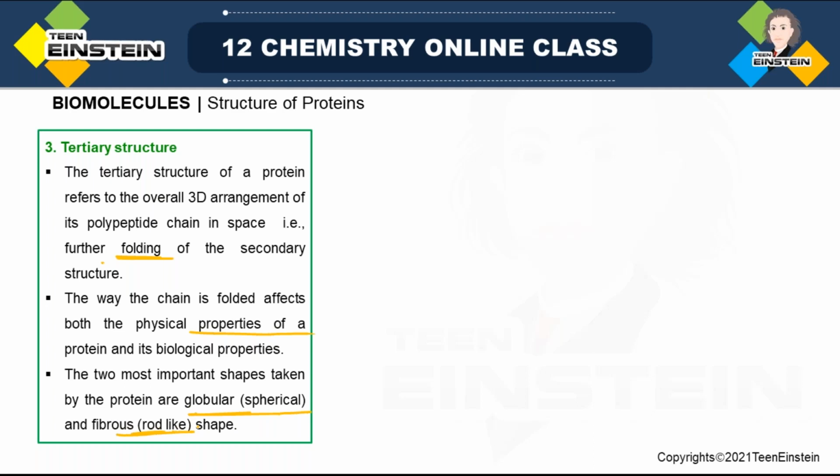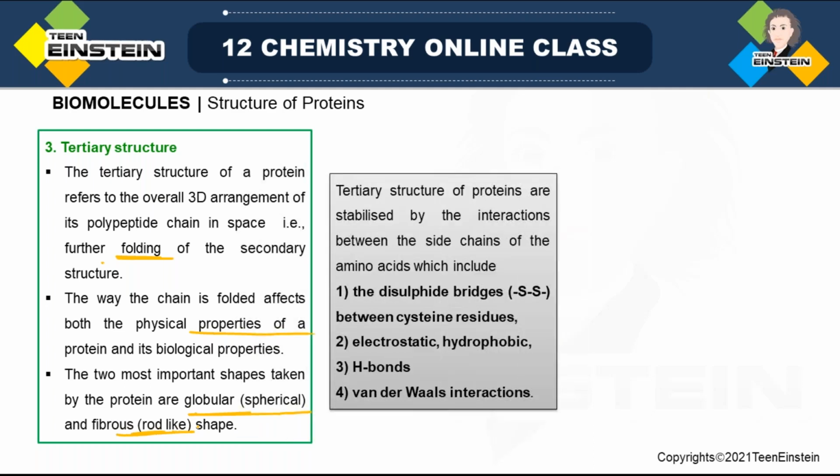But you can also consider them as if they are under tertiary. We will come to the details of fibrous and globular, but before that we have to know that in tertiary structure, when you get further folding of the secondary structure, what are the factors that are responsible for this further folding?